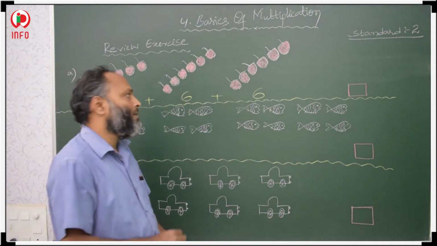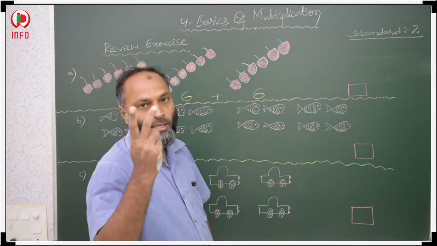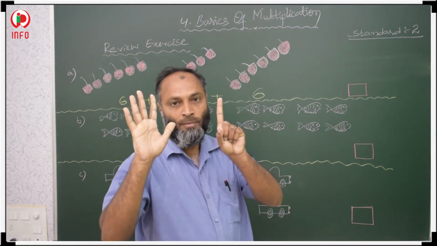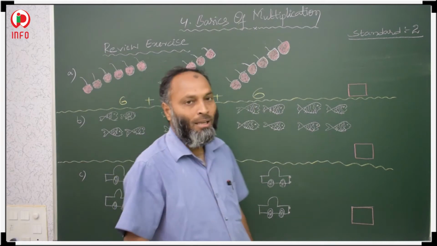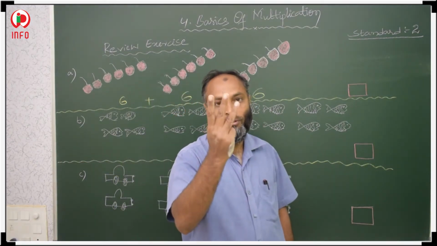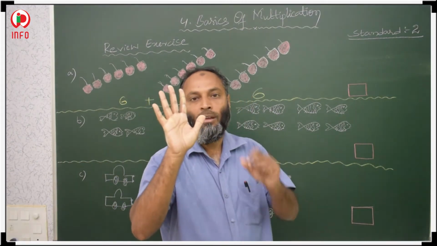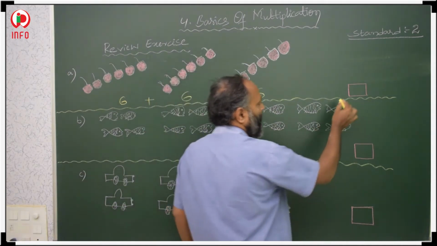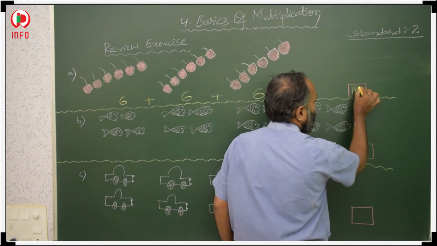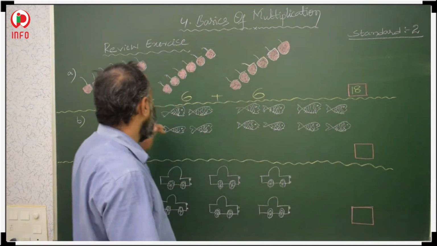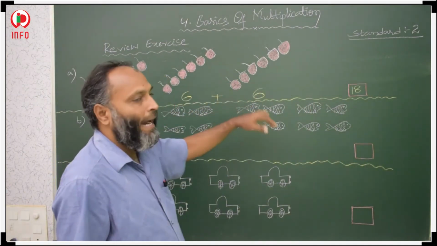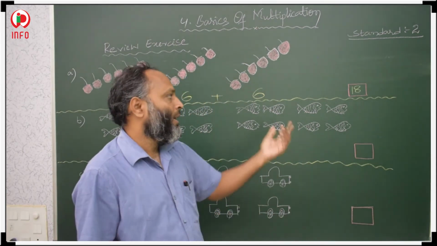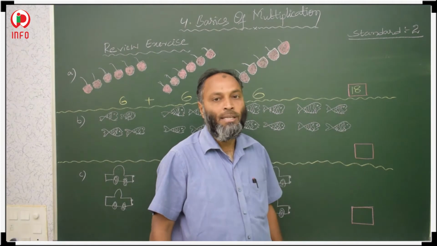6 plus 6 how much? 6, 7, 8, 9, 10, 11, 12. After 12 again 6: 13, 14, 15, 16, 17, 18. Total how much? 18 cherries. So in repeated addition, if 6 is added 3 times, the answer is 18.